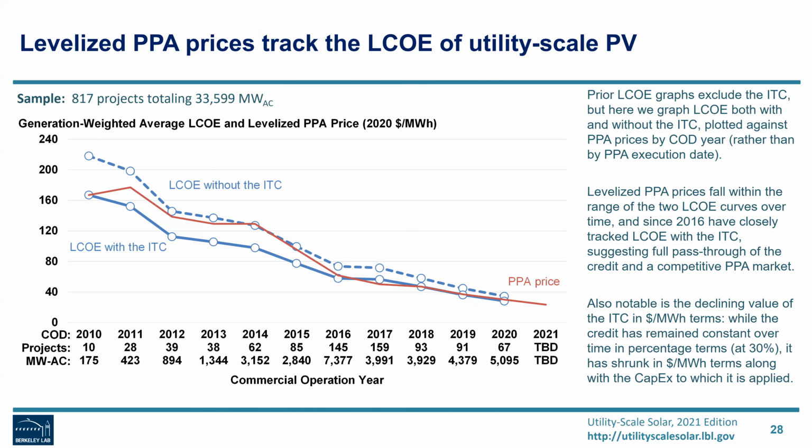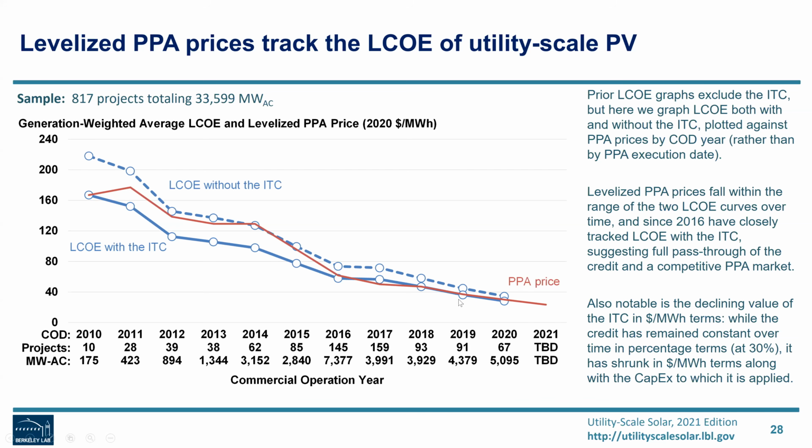All right, the final thing we can do here with PPA prices and LCOE is to plot them together. And once again, as I mentioned earlier, these two do seem to track each other pretty well. And since 2016, at least, you can see that the PPA price has been tracking very closely with the LCOE curve that includes the effect of the ITC.